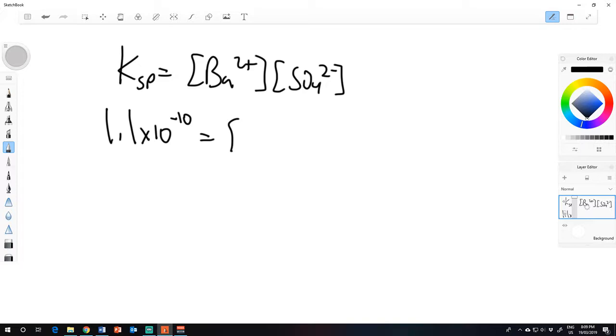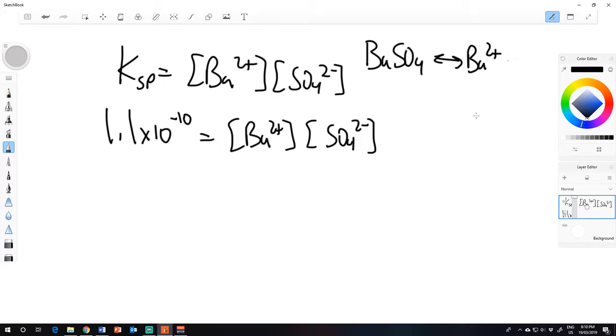That'll equal the concentration of the barium ion times the concentration of sulfate. Where do we get this? Well, from that we can write down the equilibrium equation.